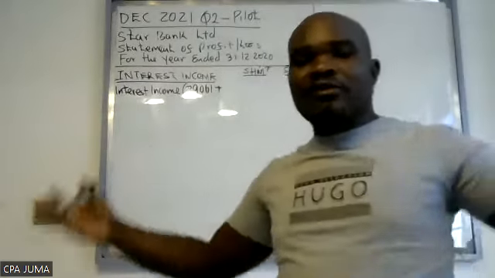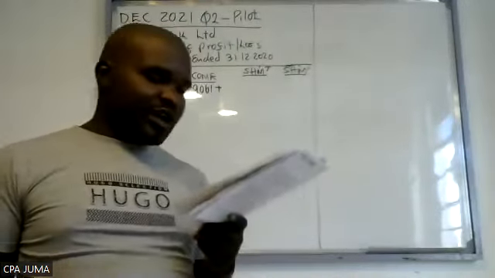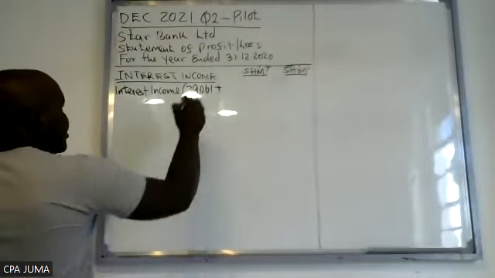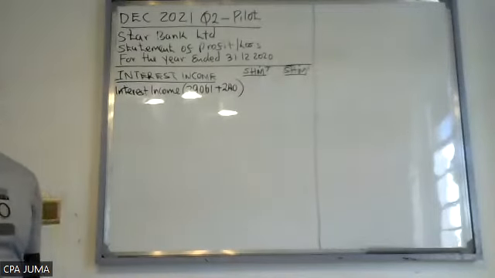However, if you check additional information number 1, accrued interest income. We all know at this level accrued income should be added. There are those income which we ought to have received, but we never received. So you add the 240. This is the accrued. So add it and give me the figure.